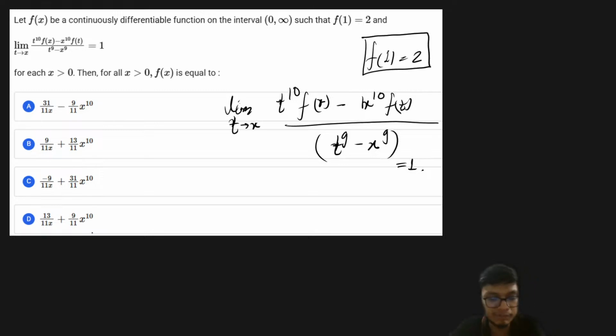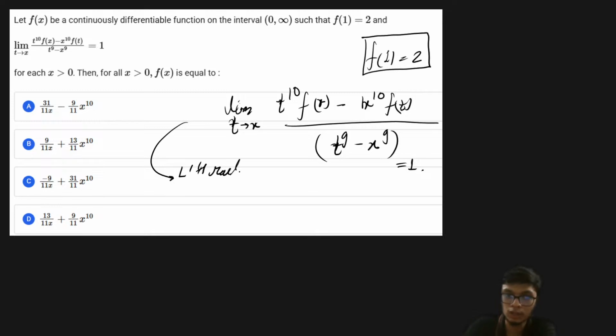Now, once we have this particular limit, let us try to apply some of the concepts of limits, right? If you are thinking of solving this question using the L'Hopital rule, I have no issues, okay? But let us see how we can make this question much simpler also. So, I'm going to also use the L'Hopital rule. Let us see.